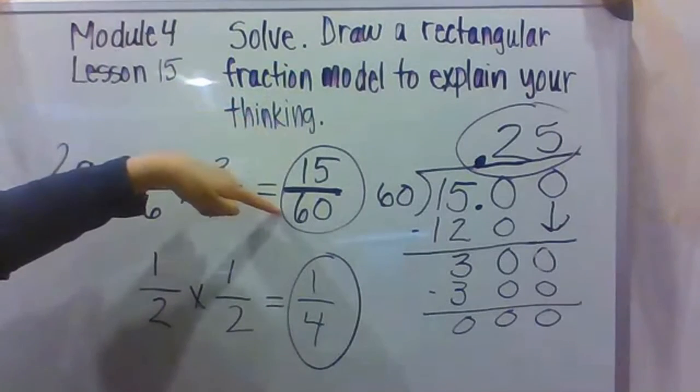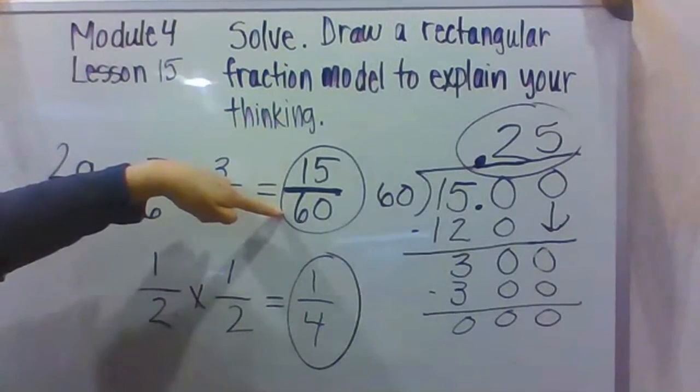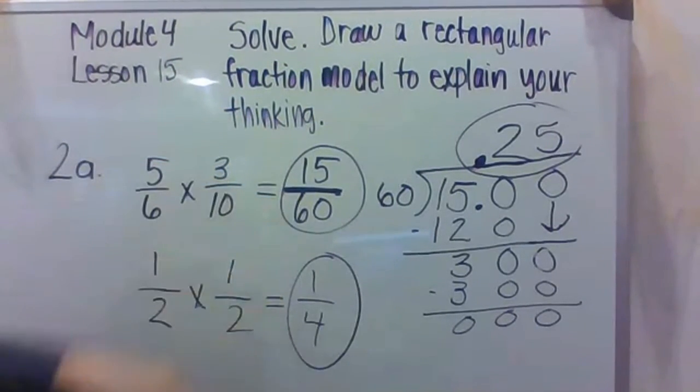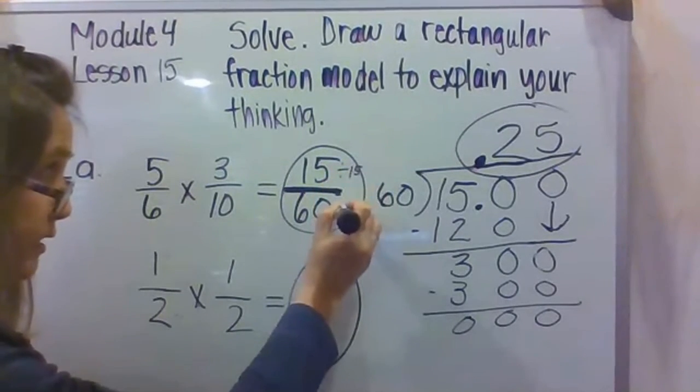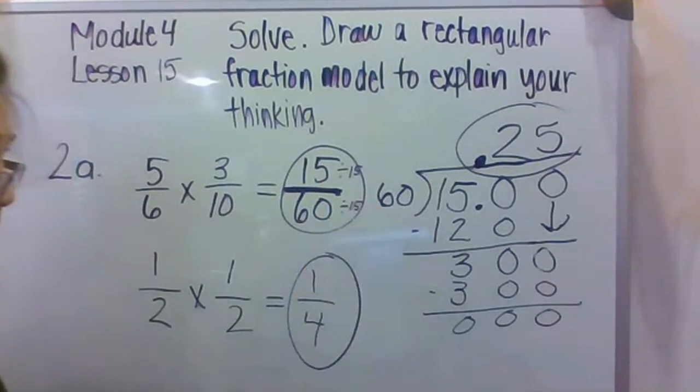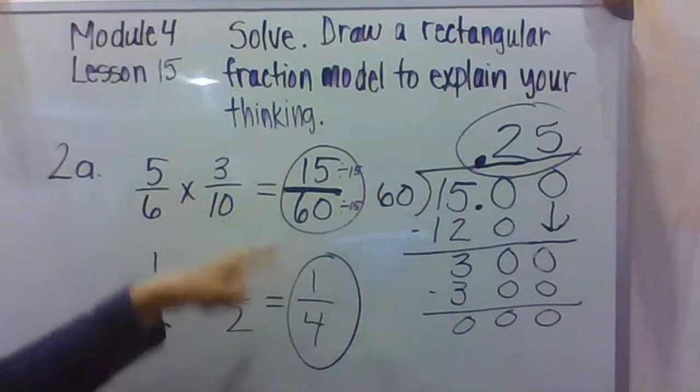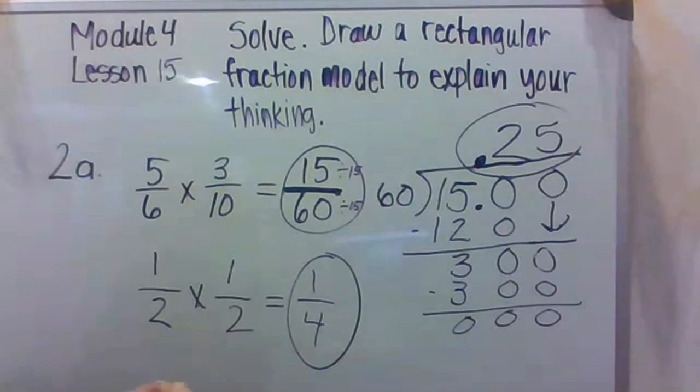And 15/60ths, if I reduce it down and simplify, it's still going to get me the 1/4, because I could actually divide by 15, and it will get me the 1/4 that we got here. So all of these are the same value. Man, isn't math fun?